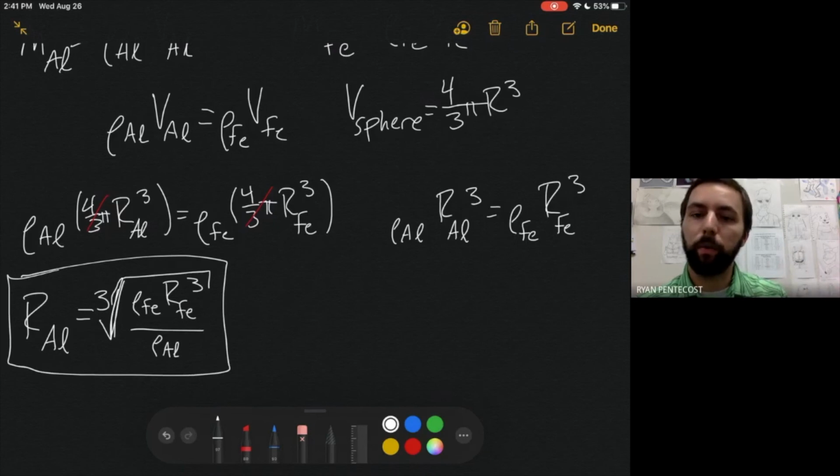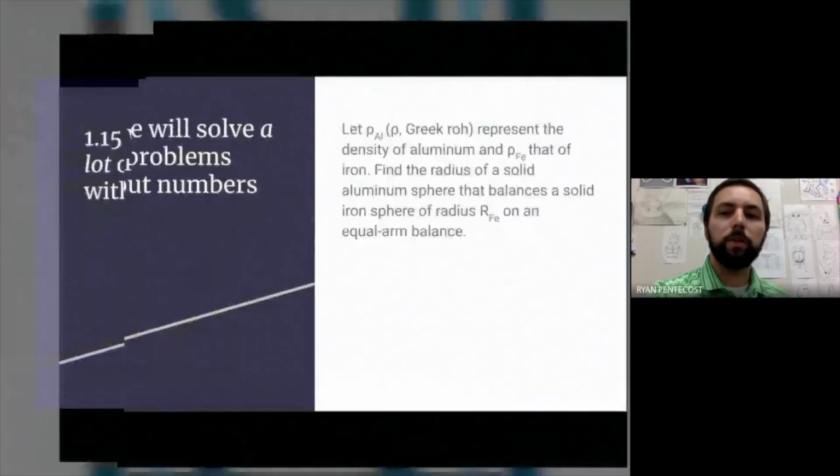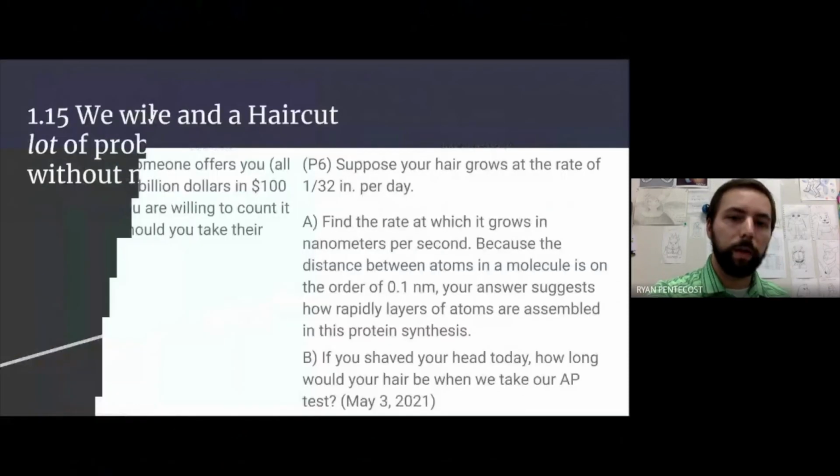So that's why this is important: it's not just for one instance. Say we gave iron a radius of 3 centimeters, then we could find it because we can look up the density of iron and aluminum. But this formula works for every radius of sphere for iron or aluminum, if the scenario stays true that they balance on an equal arm balance. That's why we like to do problems like this, because you're not just solving one scenario, you're solving all of the scenarios.